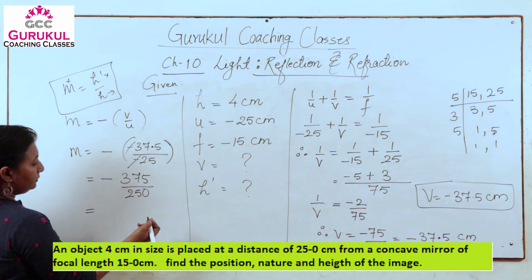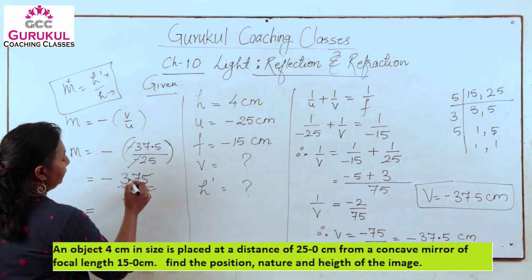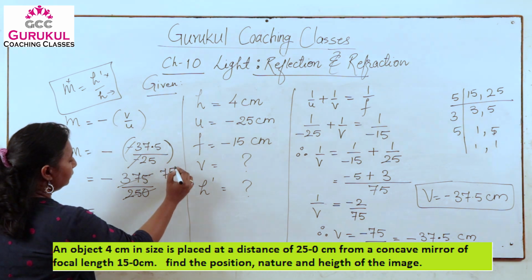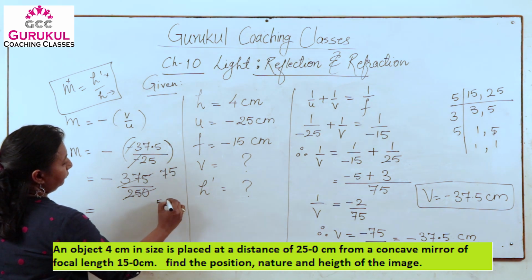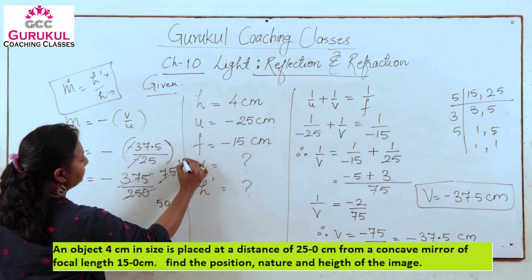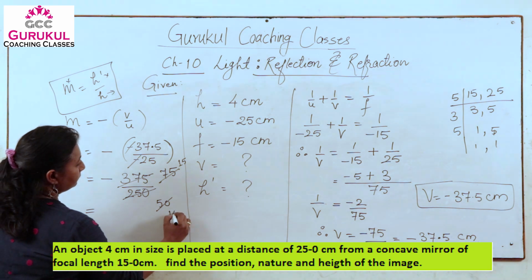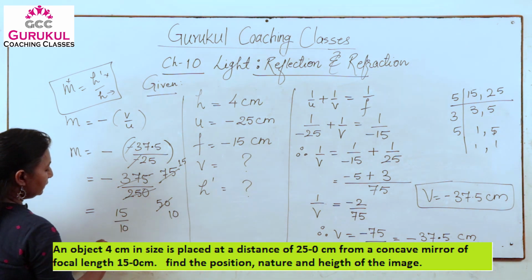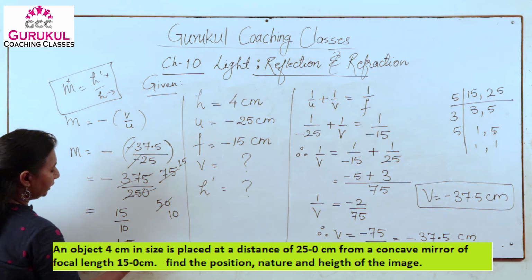Now we will divide this. So I am taking 5: 5 7s are 35, 5 5s are 25, 50. So it's 15 by 10, which means it is 1.5.